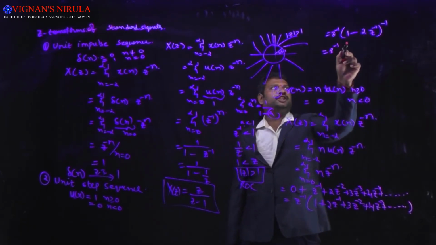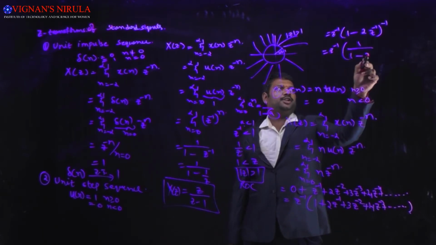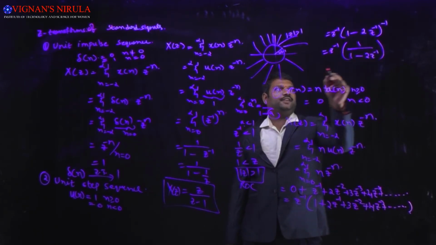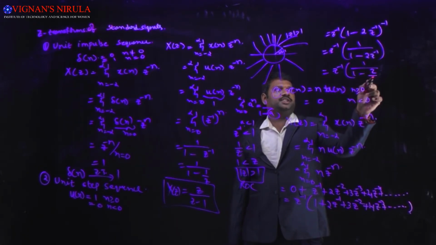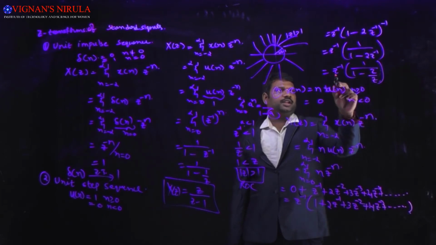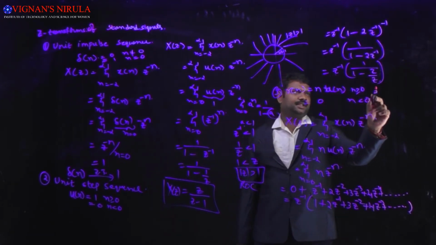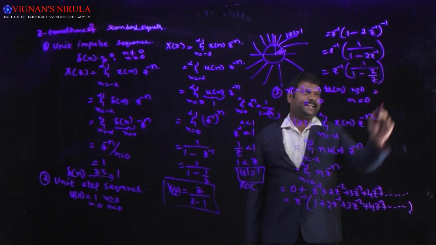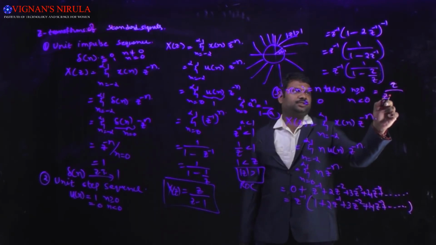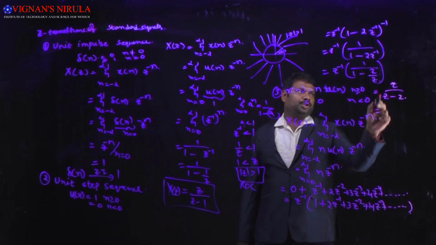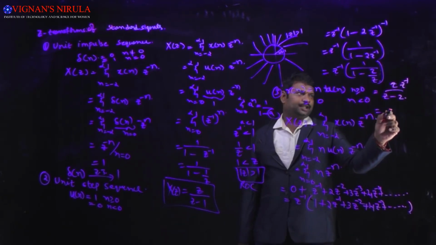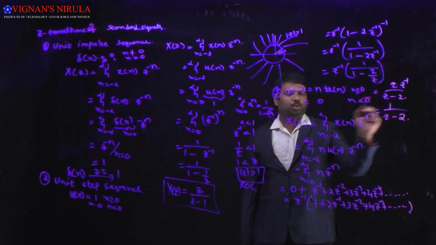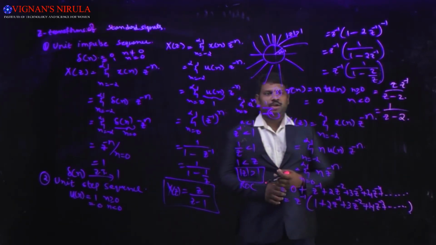Therefore, z inverse into 1 by 1 minus z inverse whole squared, that is z inverse into 1 by 1 minus 1 by z, which gives z by z minus 1, and z inverse times z cancels. Therefore, we get 1 by z minus 1 as the z transform.